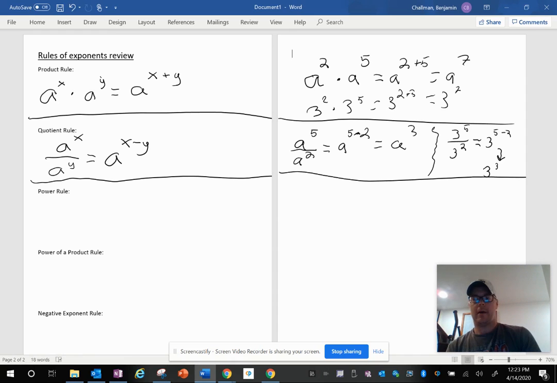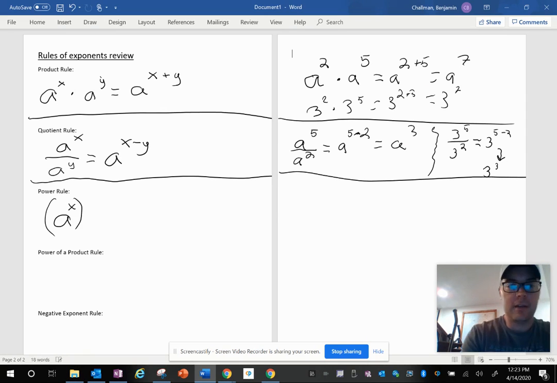All right. The next one that you're going to need to know is the power rule. And that is basically if I take a to the x power, and I raise that entire thing to a power of y, then that simply equals a to the x times y, or just a to the xy power.